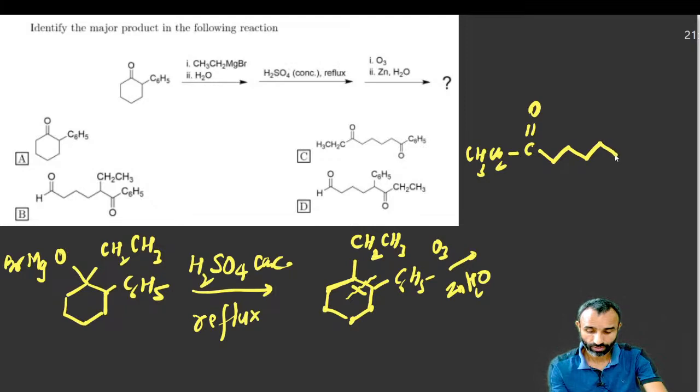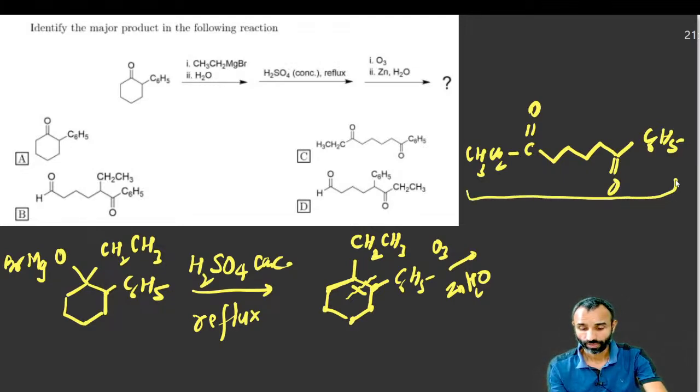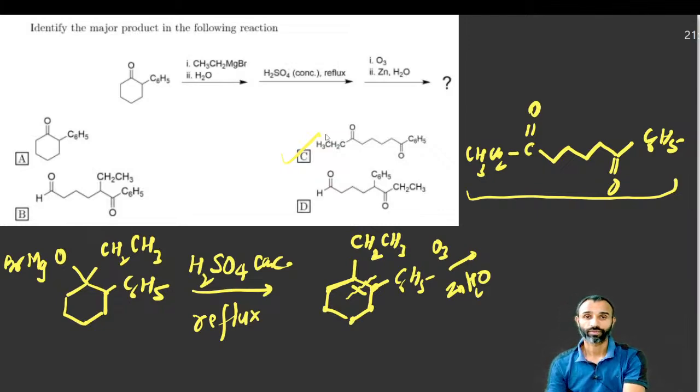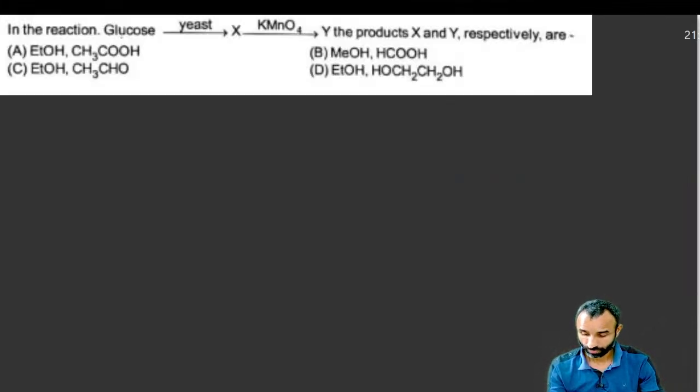And then again C double bond O and C6H5. That means this is the product formed. So C is the right option. Okay. Got it?